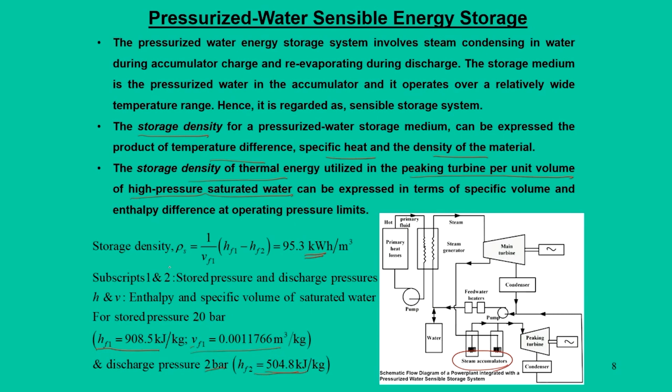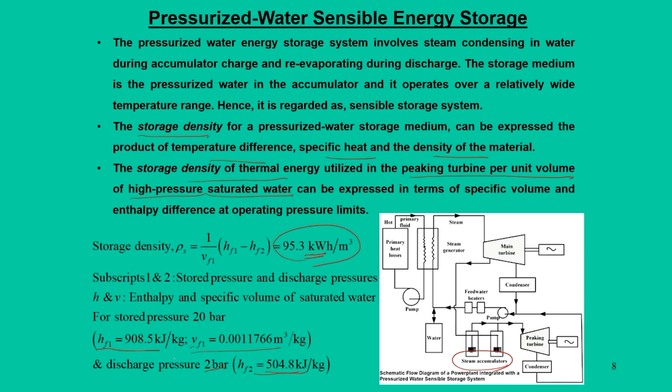Now, from this we can define a storage density as a function of how much stored volume of water you require per kilowatt hour. So, in this case, for this enthalpy difference, or for this pressure difference between 2 bar and 20 bar, the storage capacity could be as high as 95.3 kilowatt hour per meter cube.